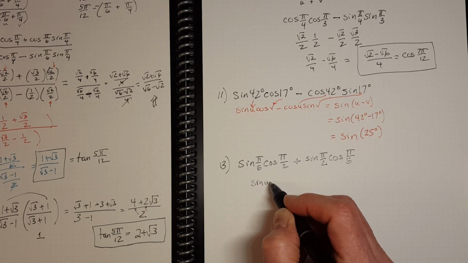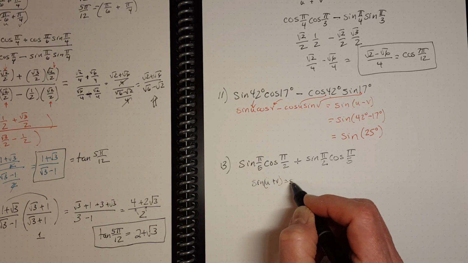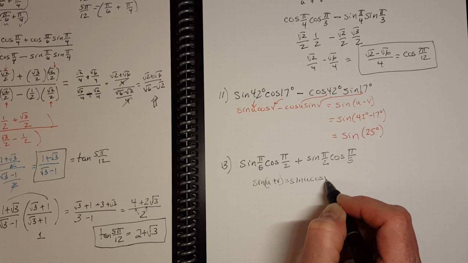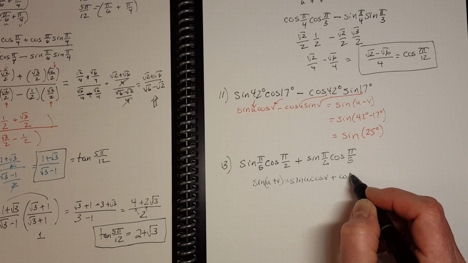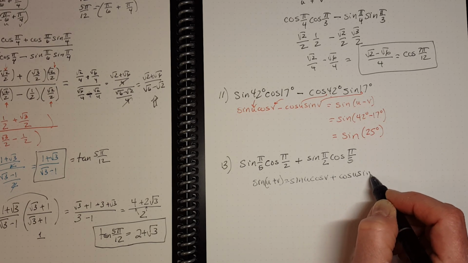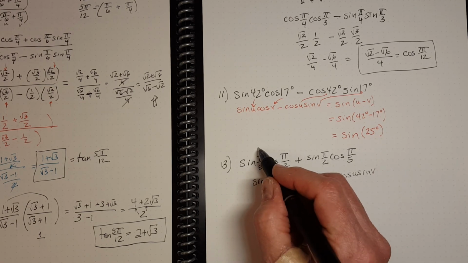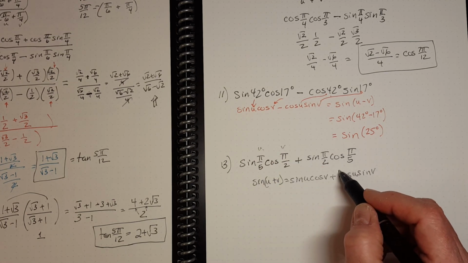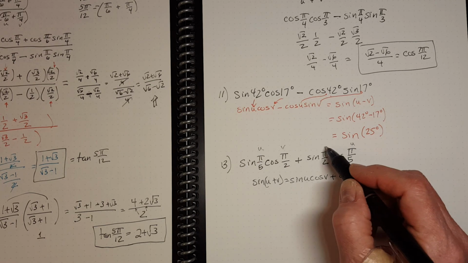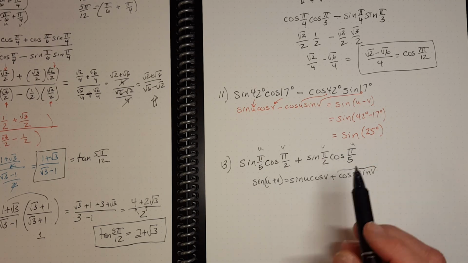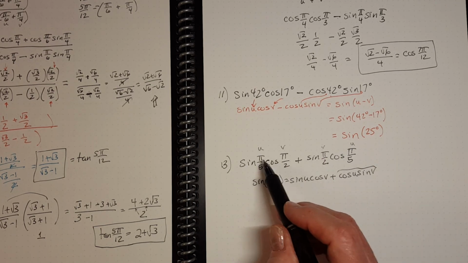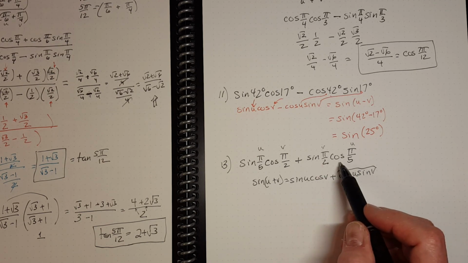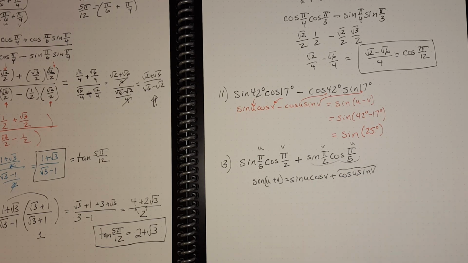Sine u plus v is equal to sine of u cosine of v plus cosine of u sine of v. So if u is pi over 5 and v is pi over 2, well, cosine of u sine of v, it's just written backwards. It's still the same. Cosine of pi over 5 if u is pi over 5 and sine of v. So this still makes sense.